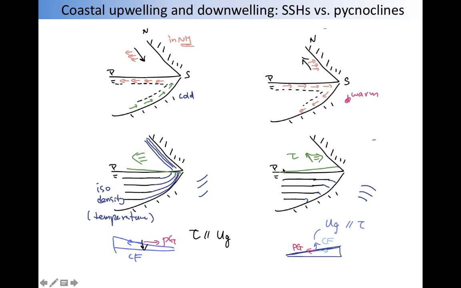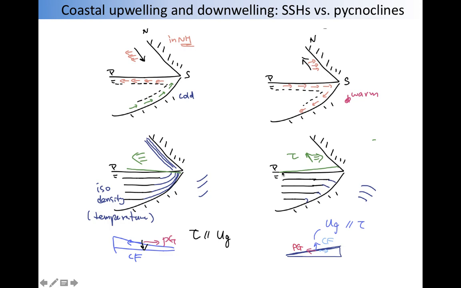And if you look at the other case, the wind goes from south to north, water will be transported in this direction as you see in the top, and the iso-density line will tilt downward, not upward, okay, by the downwelling, right?